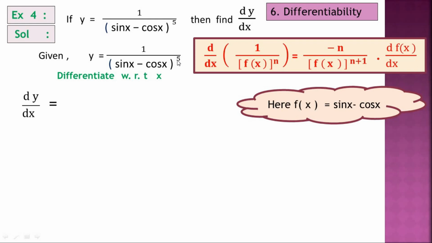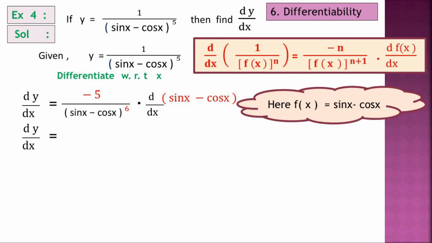n is 5, therefore the numerator is minus 5 divided by (sin x minus cos x) raised to 6 into d by dx of the function. So in the next step, if you write the derivative of sin x minus cos x, that completes the derivative of the given function. So first function as it is into, next derivative of sin x is cos x and minus cos x derivative is minus sin x.